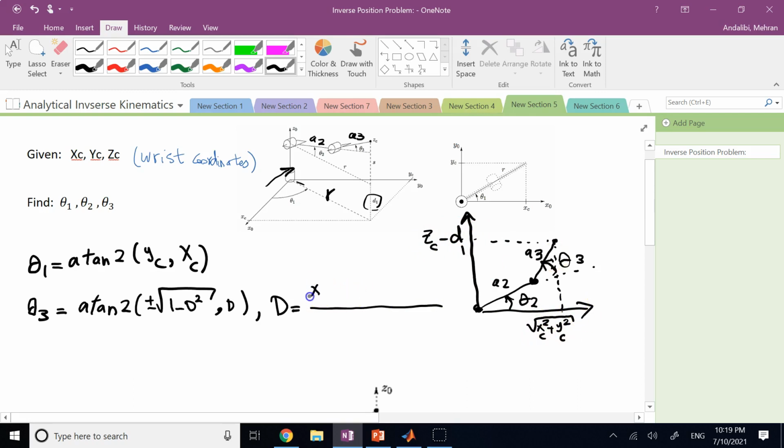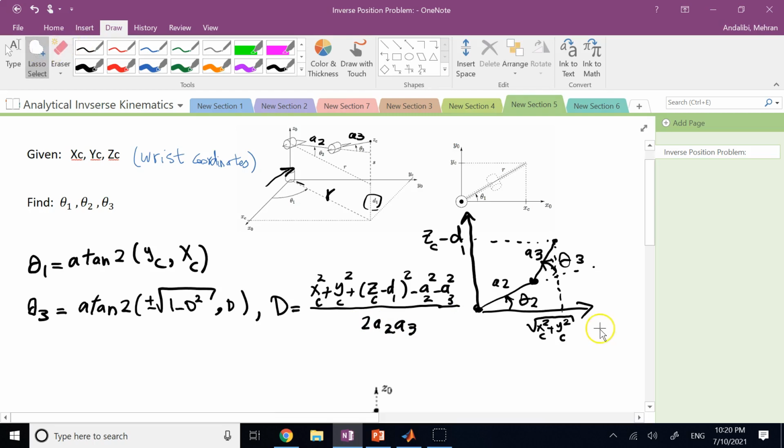So this is going to be xc squared plus yc squared plus (zc minus d1) squared minus a2 squared minus a3 squared, divided by 2 a2 a3. Okay, if you get this one, that means you got your theta number 3.